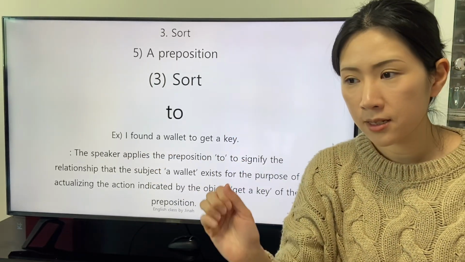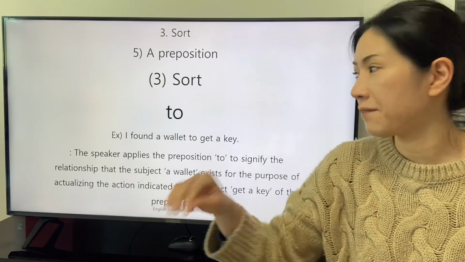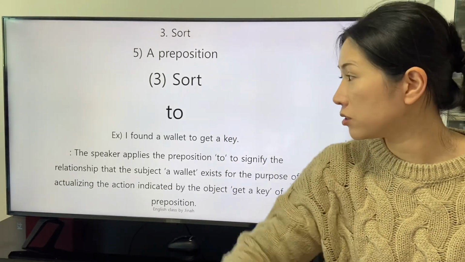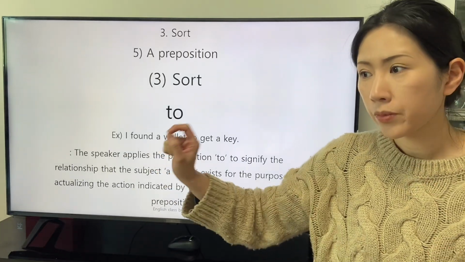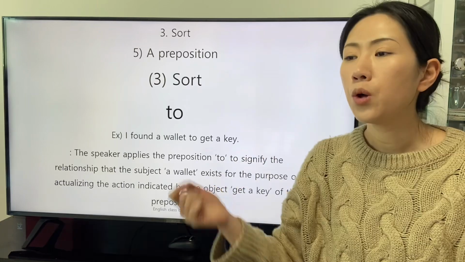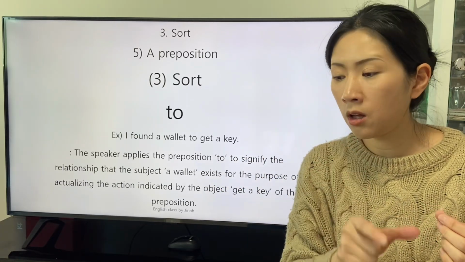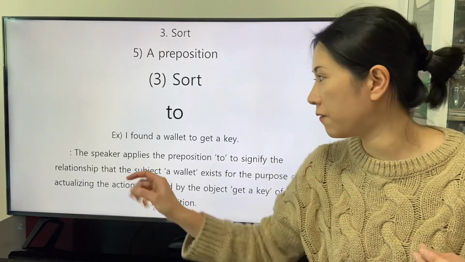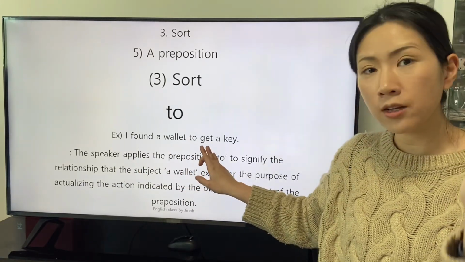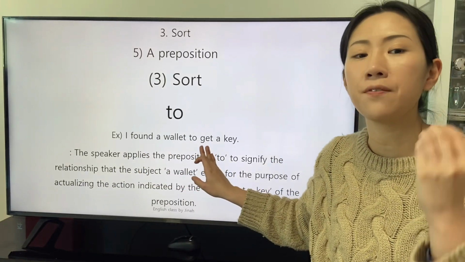The wallet might have a key in it. So after the speaker found the wallet, the speaker can get a key. We can understand the sequence of the action indicated by the transitive verb found and the action indicated by the root infinitive get.